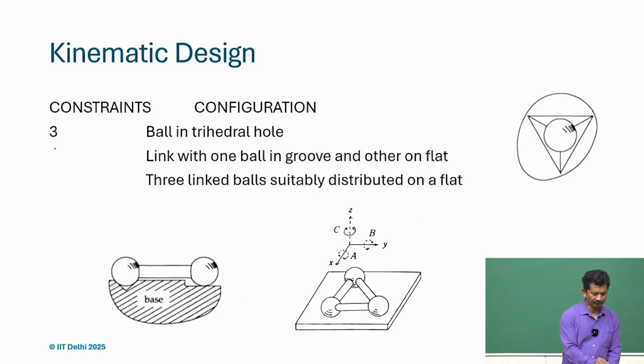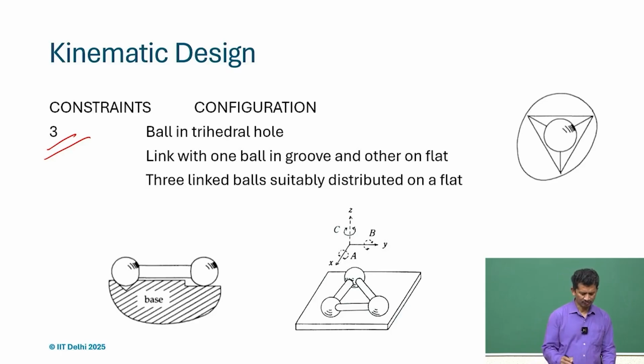Similarly, if we want to have three constraints, of course, we can just go on increasing the number of contacts, and we can define what kind of constraints we can get, what kind of devices or mechanical connections we can get.